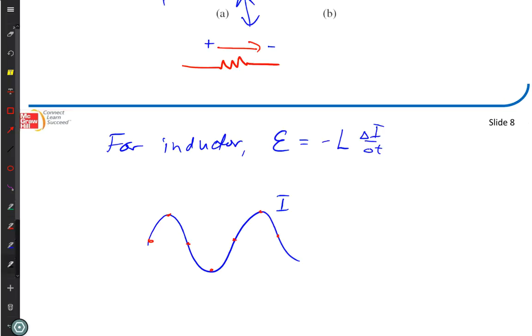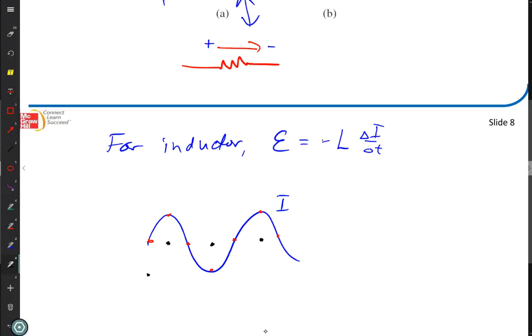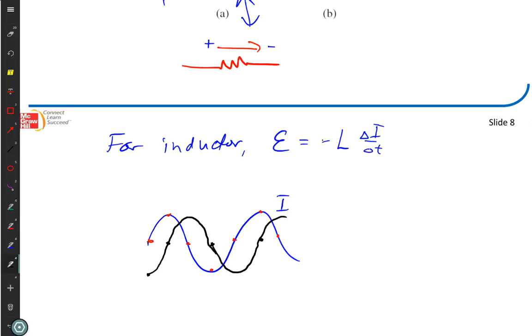So if I'm going to plot my voltage, it's going to be 0 here, 0 here, and 0 here. And the slope is positive here. Putting in that negative sign, it's going to be negative. So my voltage is going to be going like that. It's a sinusoid, but it's offset by 90 degrees.